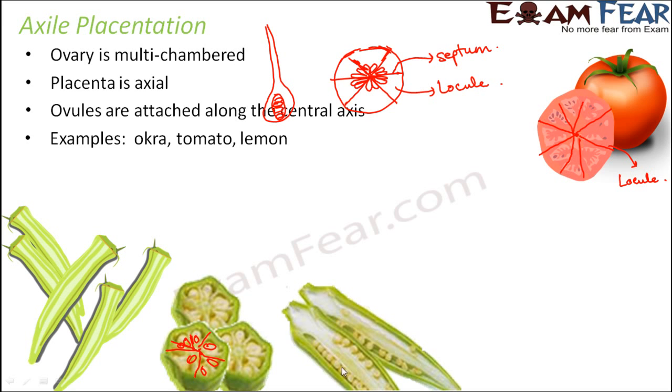That is, the ovules are borne along the central axis. When I am viewing the cross-section, I am not able to see the central axis. The central axis is this axis. If you cut it in this fashion, you can see that the ovules are all attached to the central axis. Okay, so this is axile presentation.